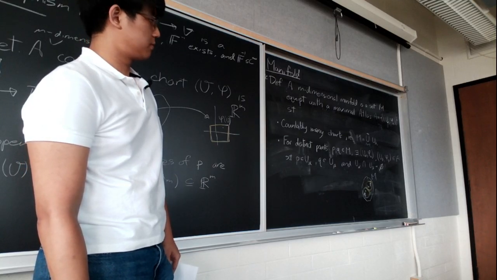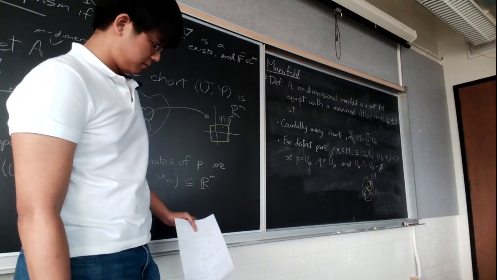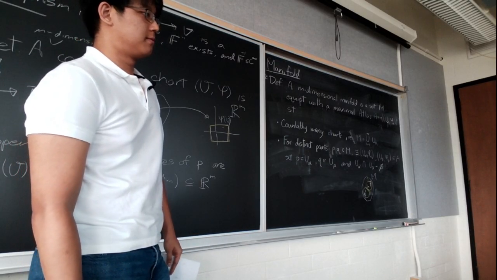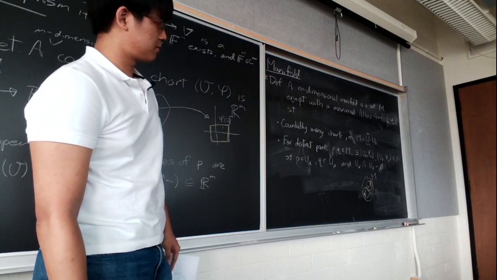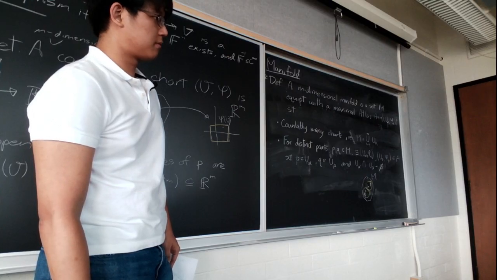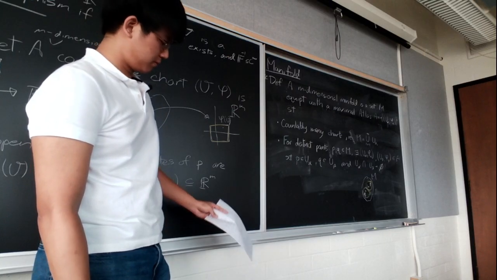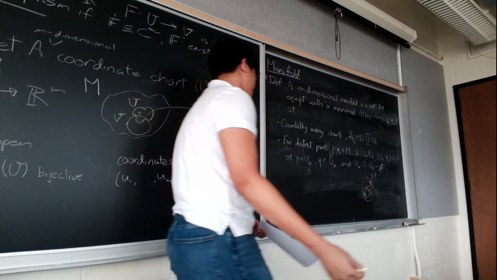This whole definition is setting me up to think of functions on my manifold as functions in the coordinates, and to say a function is smooth if it's smooth in coordinates. So I want to be able to distinguish between points using functions. Do you remember what we mentioned yesterday?